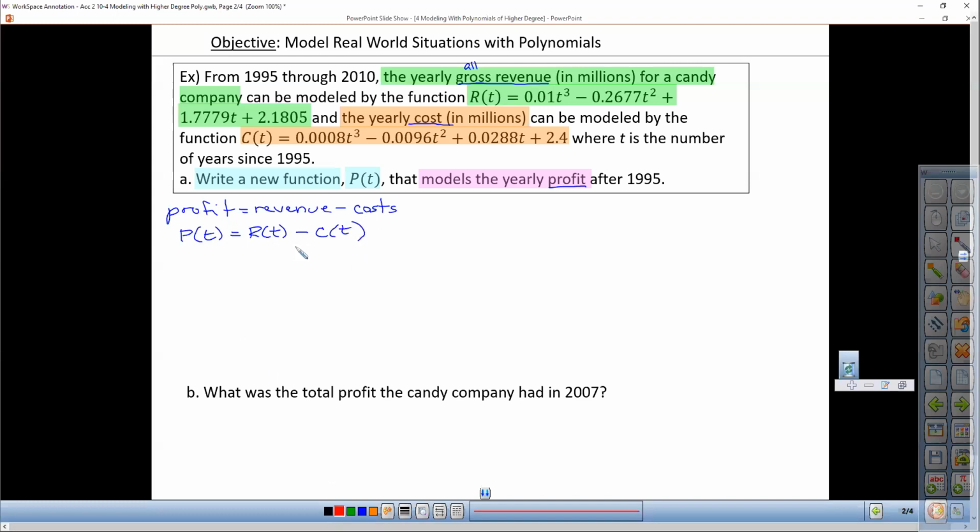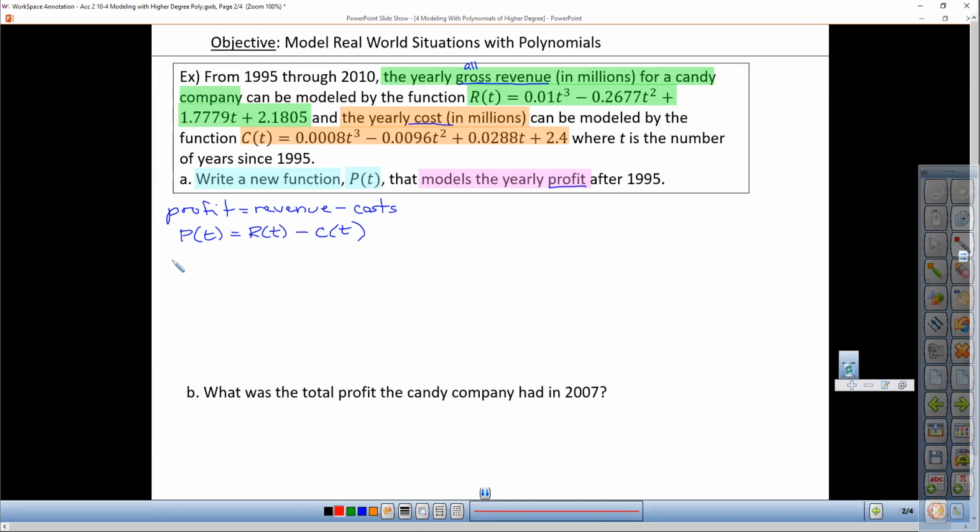So now, remember, r of t has to go first because with subtraction I cannot change my order. So r of t, I have, and I'm going to do this one horizontally just because it's easier for me to show the subtraction that way.